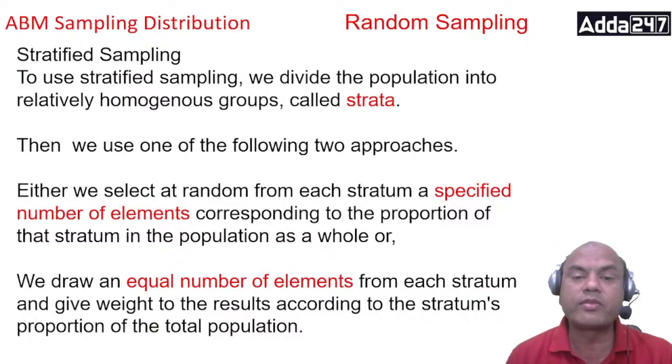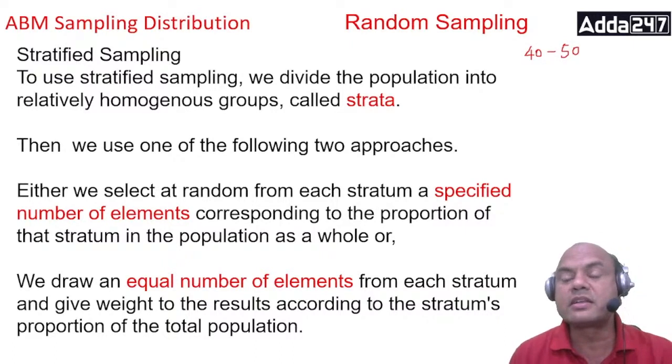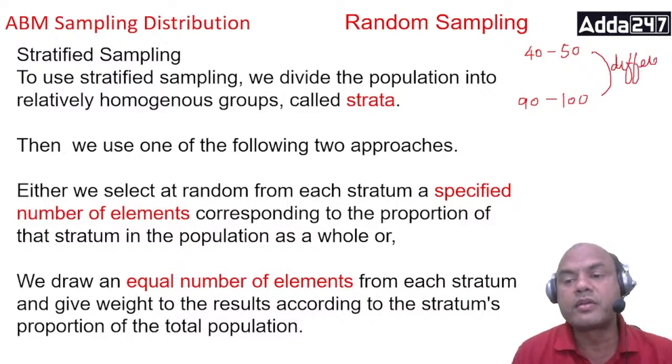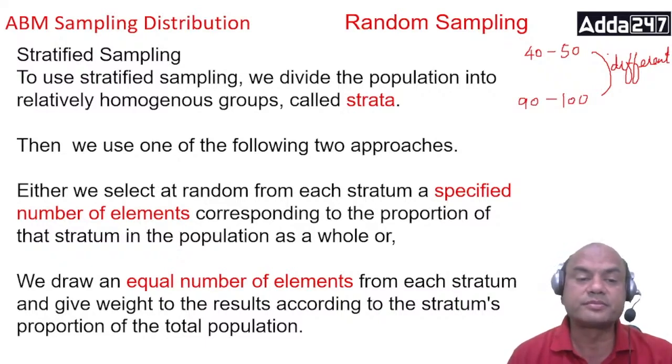Suppose somebody has a percentage of 40 to 50, they will think in a similar way. But the one who has a percentage between 90 to 100, the thinking of these two groups will be totally different. But within the groups, they will always think similarly. So this is known as homogeneous.